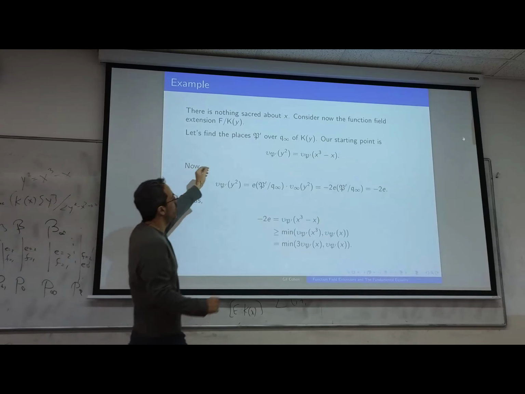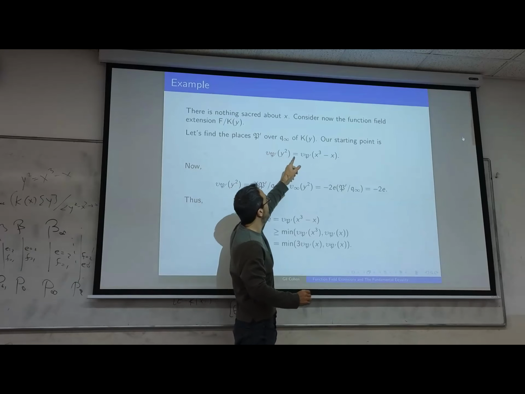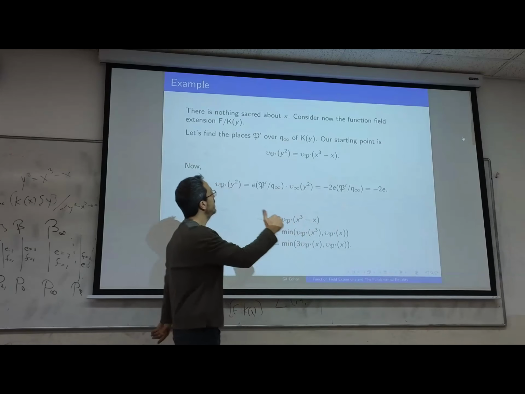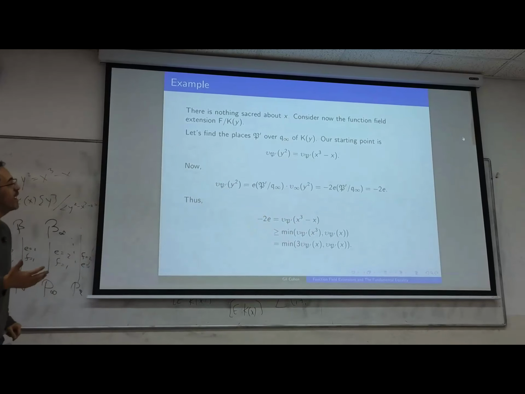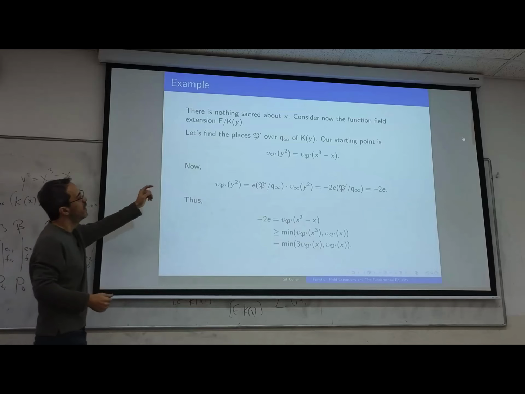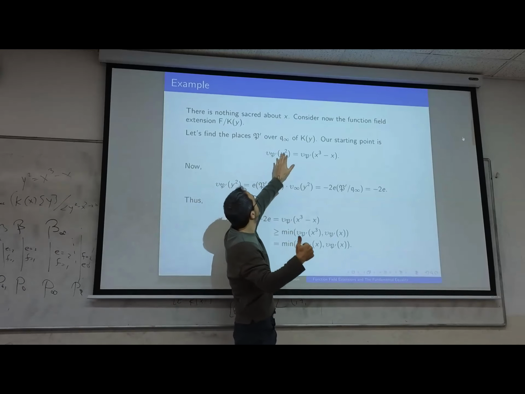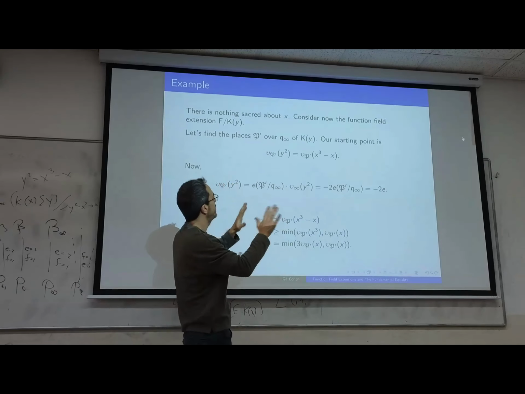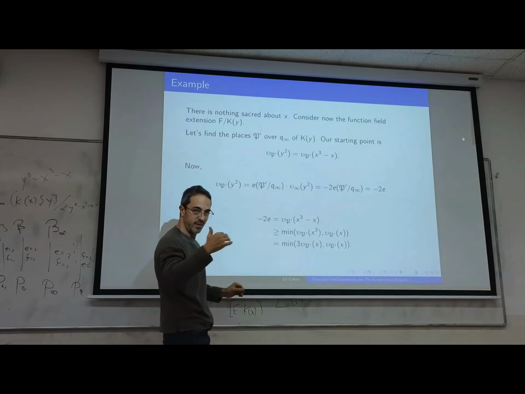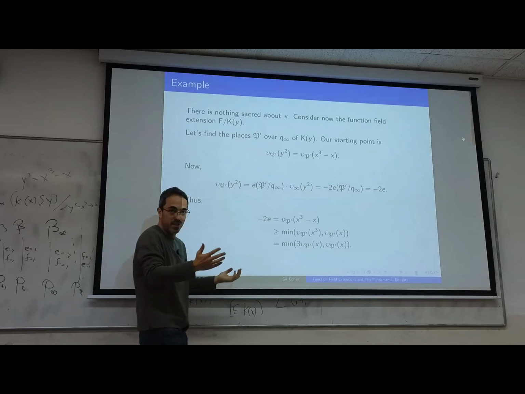You can try to study my function field f starting from k of y. And again, maybe I want to look at the place at infinity of k of y. Let's call it q, just to distinguish it from the p infinity of k of x, because it's a different place.